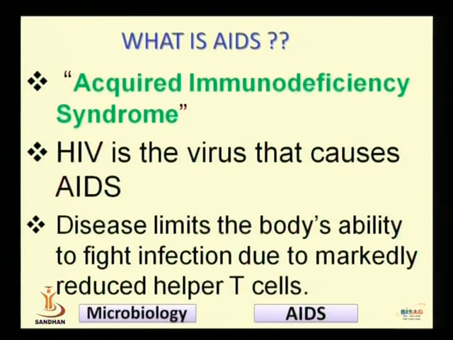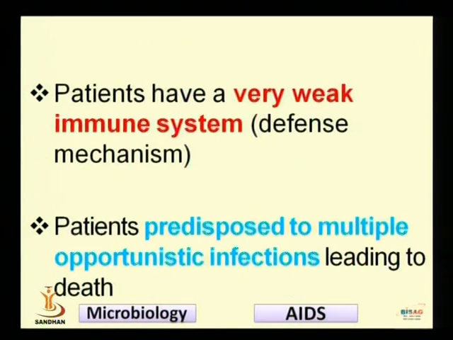Again, coming back to the same thing, what is AIDS? It is acquired immunodeficiency syndrome and it is caused by HIV, and it limits the body's ability to fight infections due to reduction in helper T cells, that is CD4 cells. Hence, the hosts have a very weak immune system, defense mechanism is reduced to zero, and thus people are predisposed to multiple opportunistic infections leading to death.